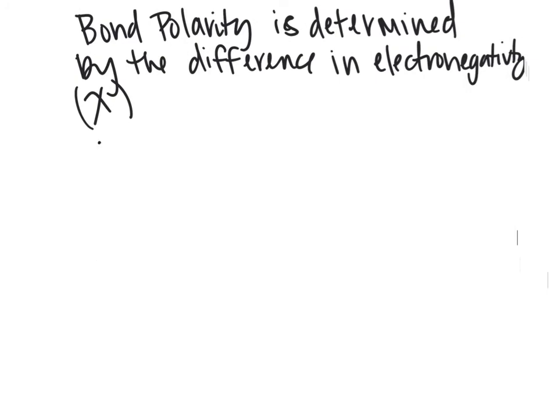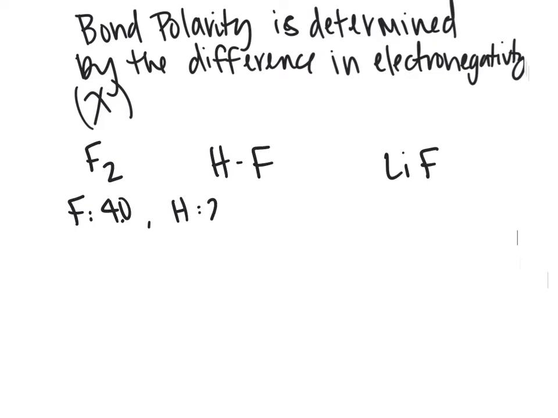If we look at F2, HF, and lithium fluoride, the values for electronegativity are: F is 4.0, hydrogen is 2.1, and lithium is 1.0.